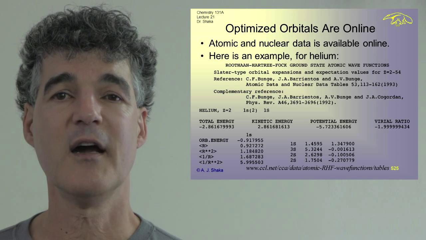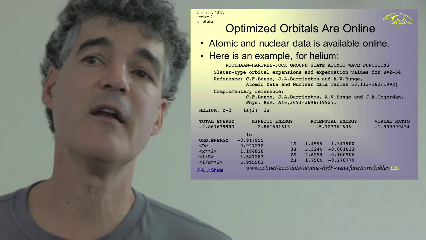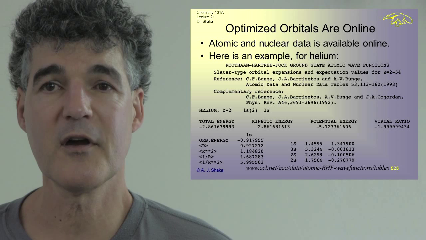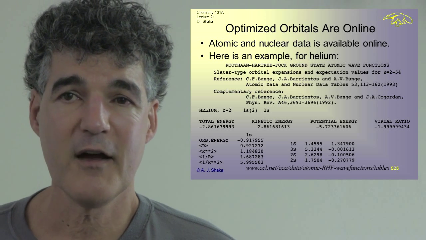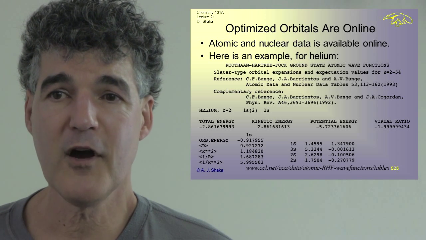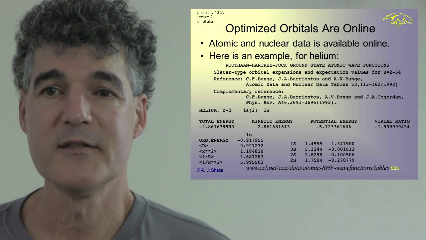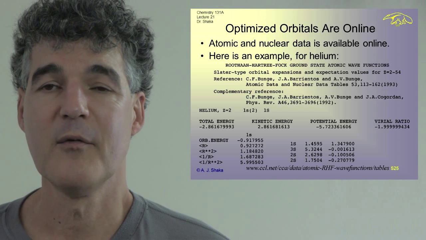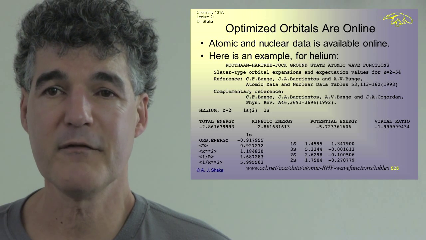It turns out, I don't want to solve those, but I do want to point out that optimized orbitals are available online, and you can go look. So here's an example I've taken here on slide 526, a screenshot from this website at ccl.net, which talks about what they call Roothaan-Hartree-Fock ground state atomic wave functions.